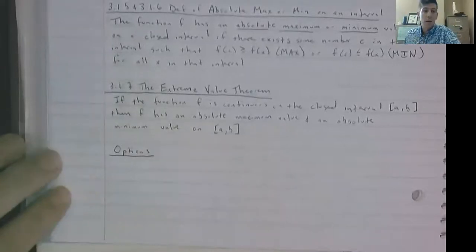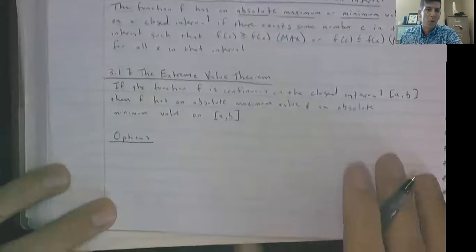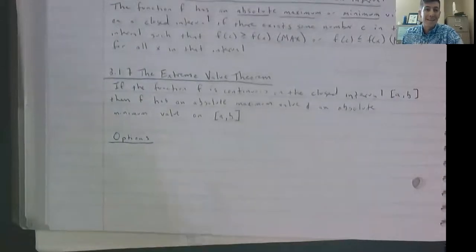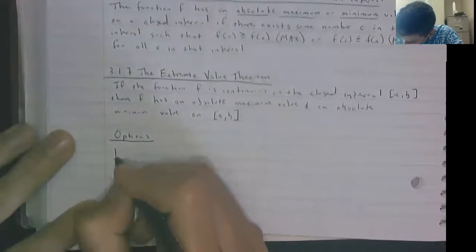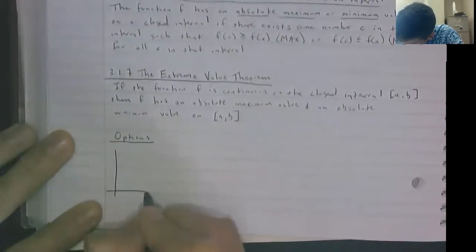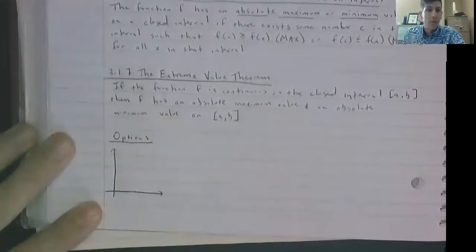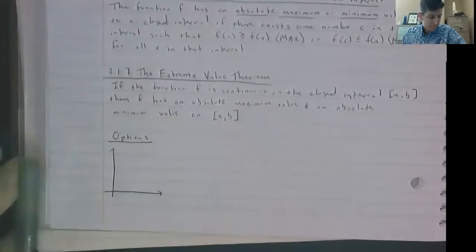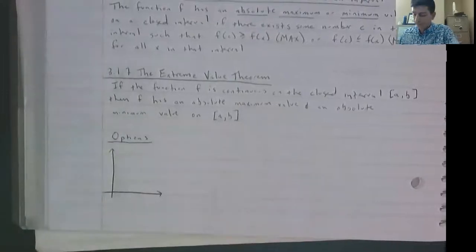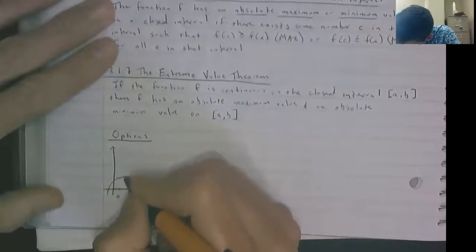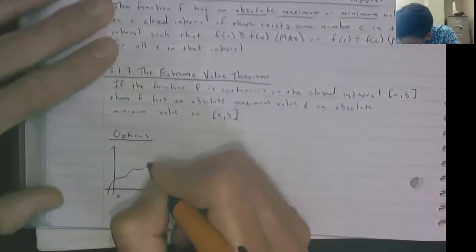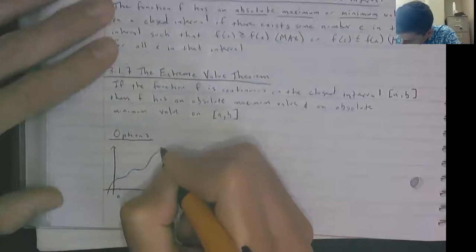So options. The easy ones are where nothing interesting happens, or not interesting enough to merit the endpoints not being your max and min. I don't think it's in the book, but I think this is helpful before we jump into some problems. You could have an interval from a to b where your curve maybe does some stuff, but it's just doing stuff to do stuff.